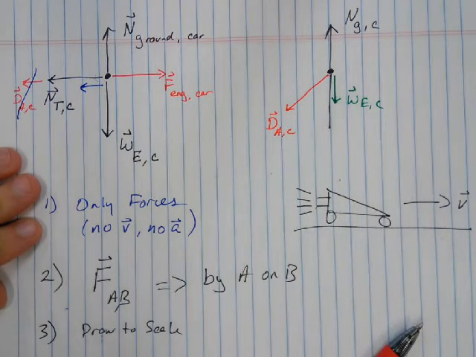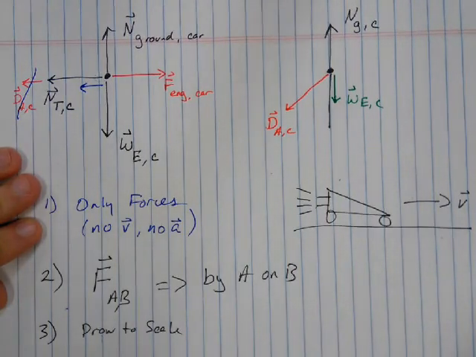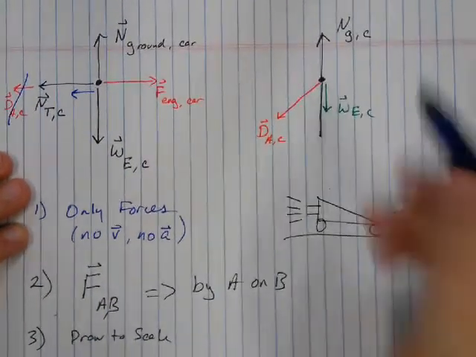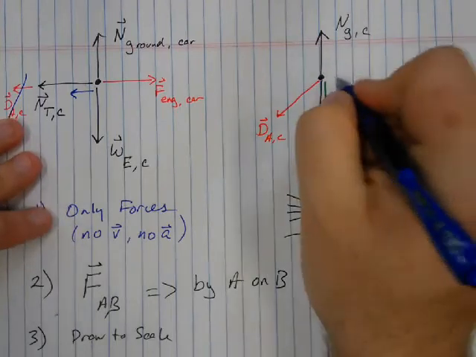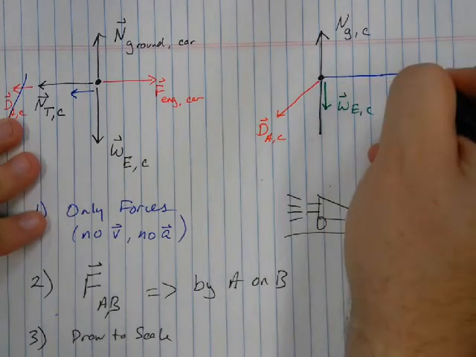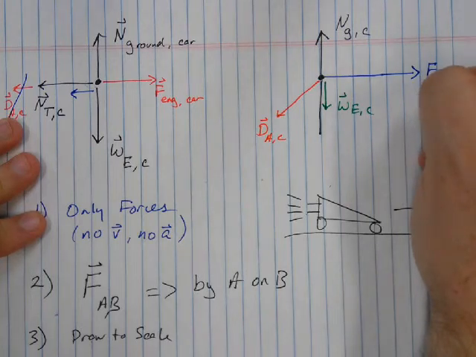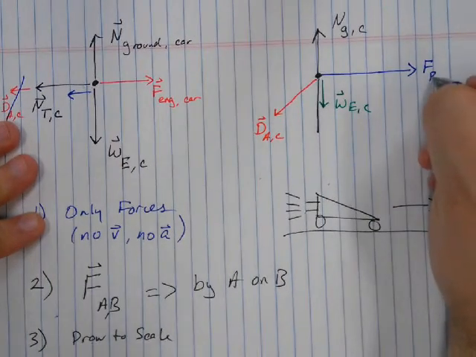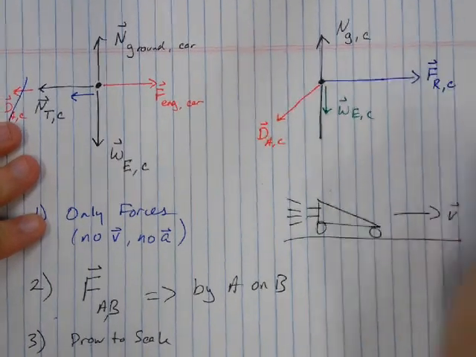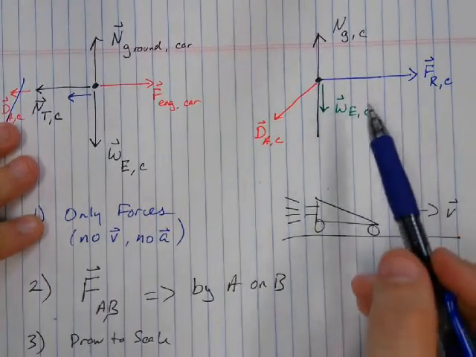And then we'll put in that the car's rocket exhaust is pushing the car forward. So we'll have a force like that. There we go. So that's some applied force.